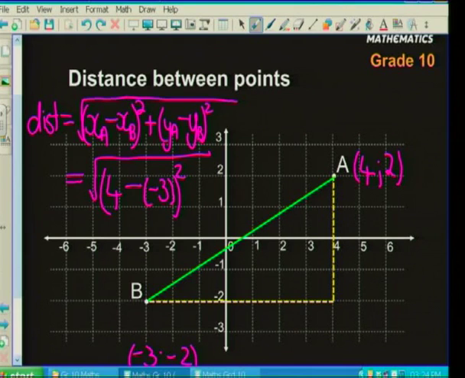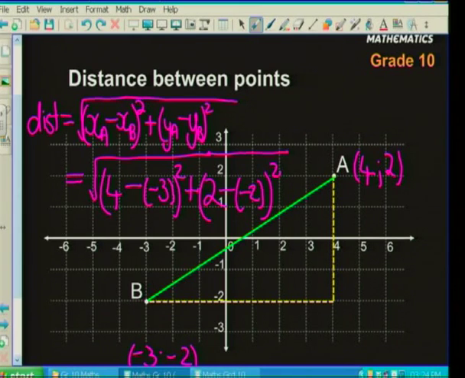Now, remember to start again with the same point that you used first before. So now I'm going to say plus 2 minus negative 2, and all of that squared again.